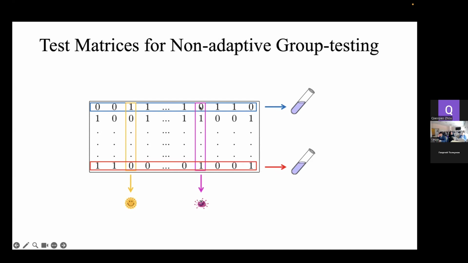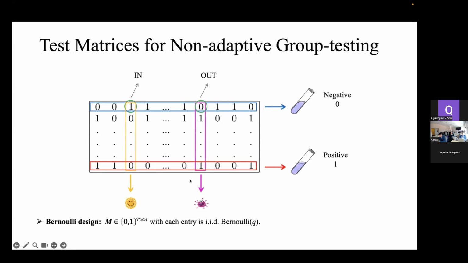If this value is 0, it means that this item didn't participate in the first test, right? So we can use this binary matrix to describe a non-adaptive group test. Our special test is called the Bernoulli test. For the Bernoulli test, each entry of this matrix is an IID Bernoulli random variable with parameter q.